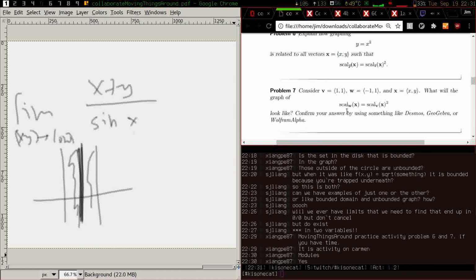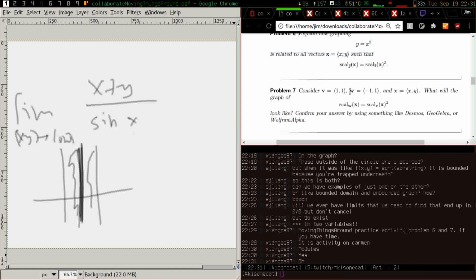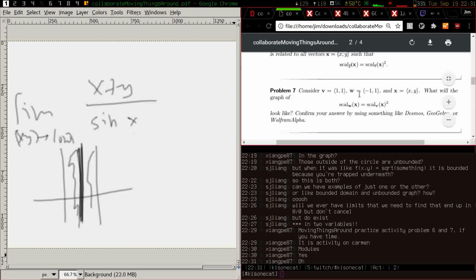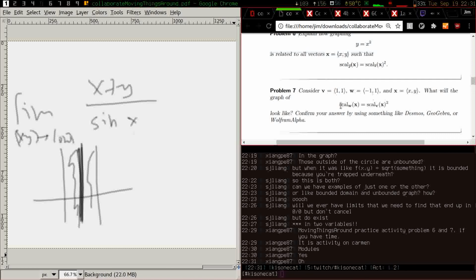Here I've changed w and I've changed i and j, and now I'm using W and V. They're not the same as i and j, but they're still orthogonal to each other. They're not unit length. But the result of imposing a condition like this is going to amount to carving out a parabola in the plane.